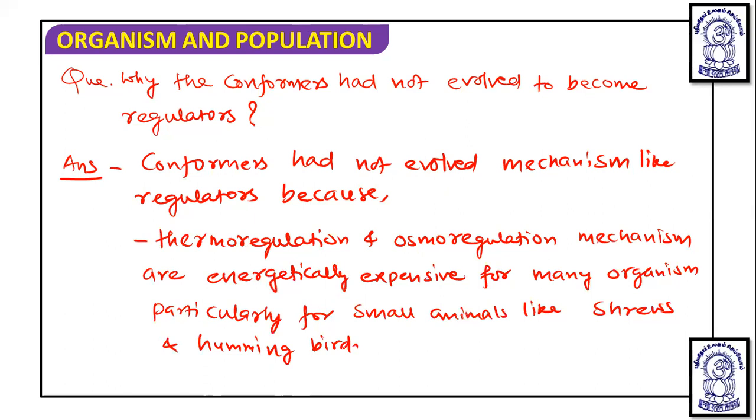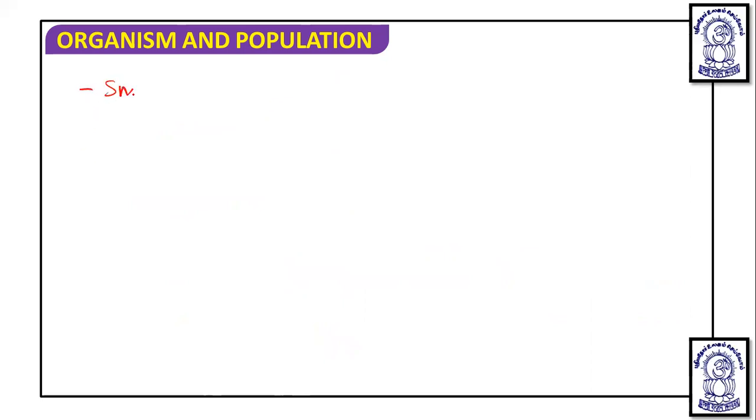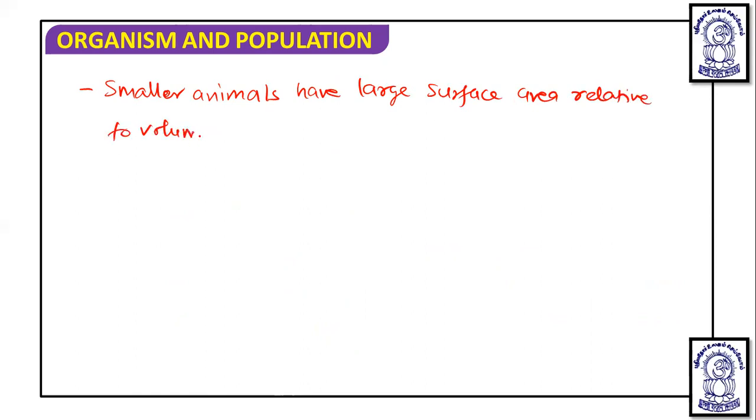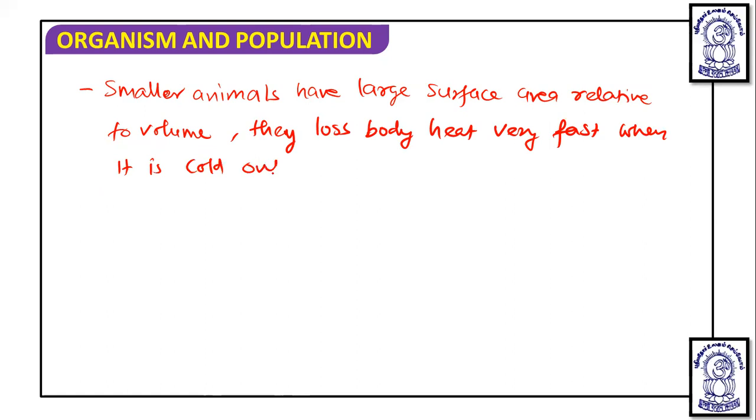Since smaller animals have a large surface area relative to volume, they lose body heat very fast when it is cold outside.